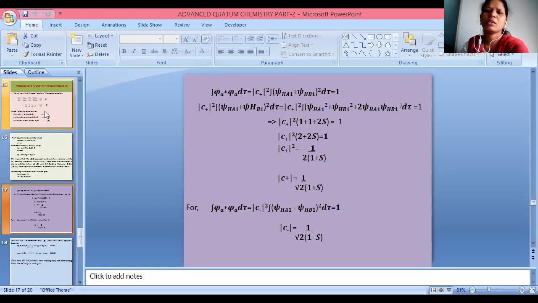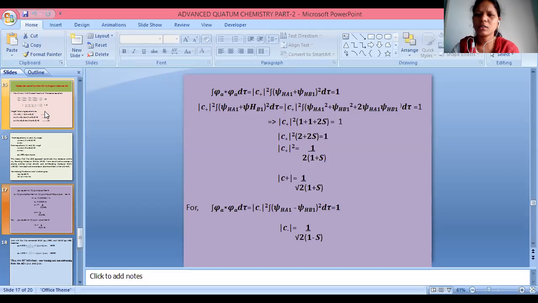Now separately we will evaluate this integral. This is equal to C plus whole square into the integral of something in the form of a plus b whole square, which is equal to a square plus 2ab plus b square. Integral psi HA1 square d tau is equal to 1, because psi of HA1 is normalized. Similarly, psi of HB1 is also normalized, so that is also equal to 1.